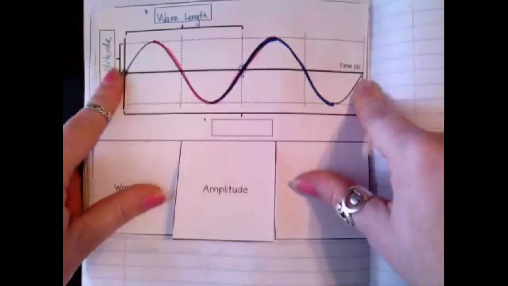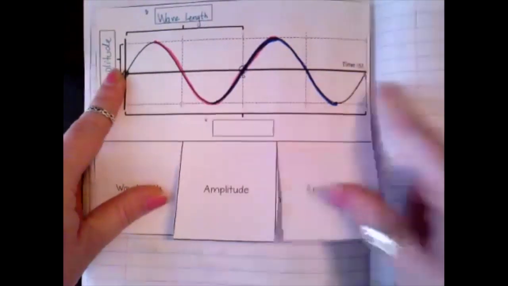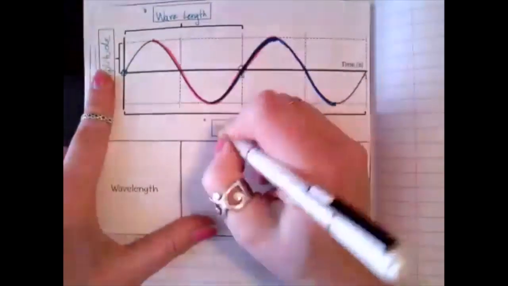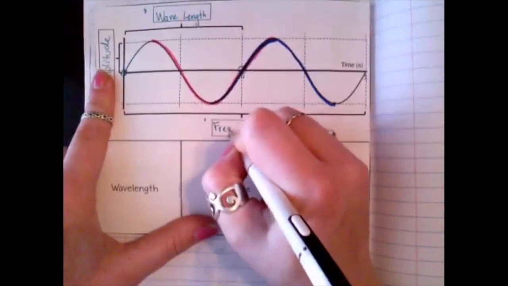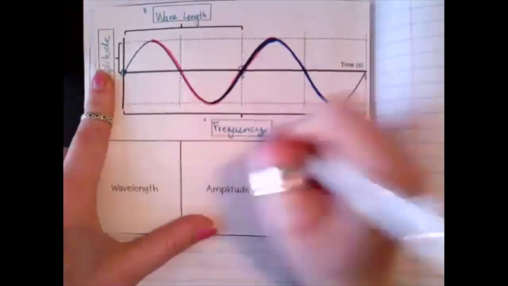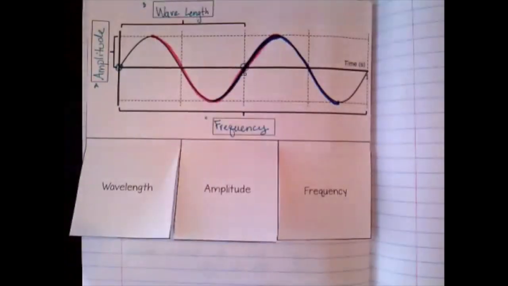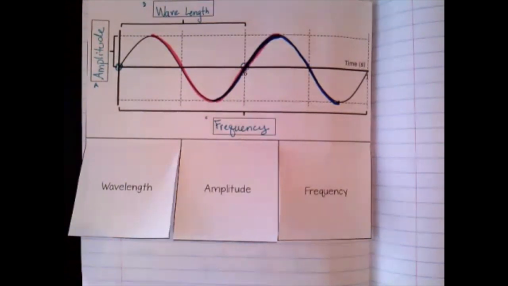So how many complete crests and complete troughs are here? What is the frequency of this wave? What do you think the frequency of this wave is? Two. It's 2. 2 wavelengths per second.